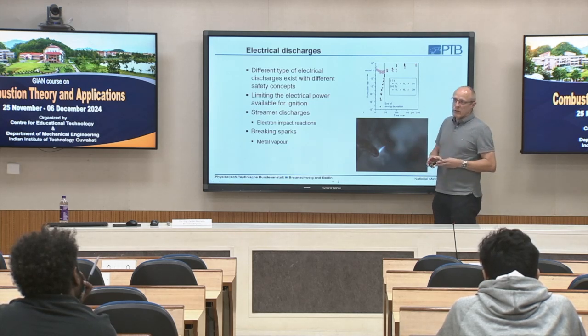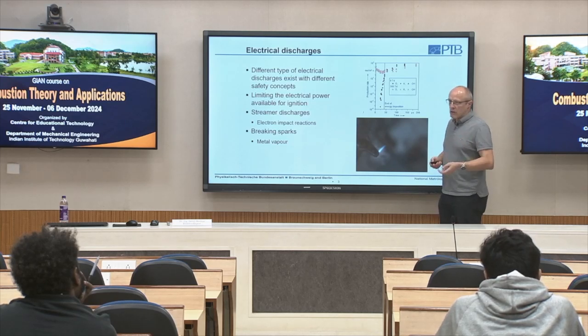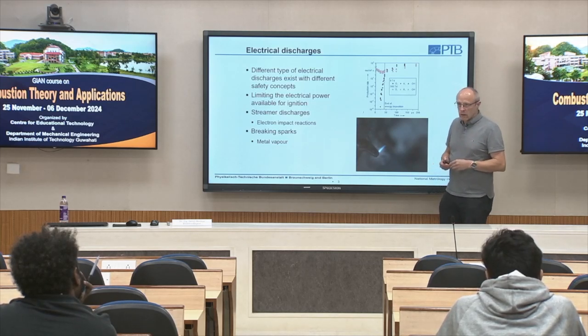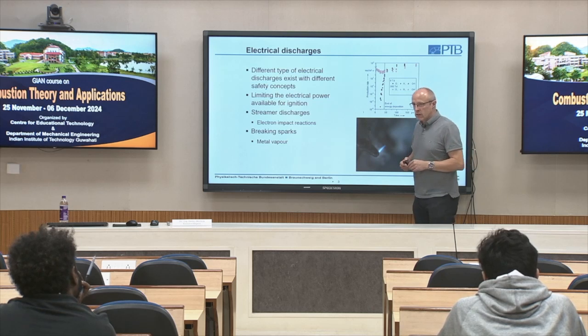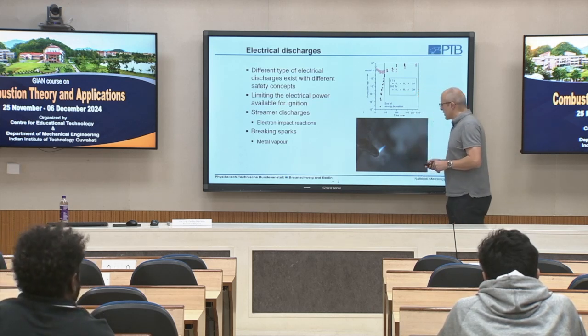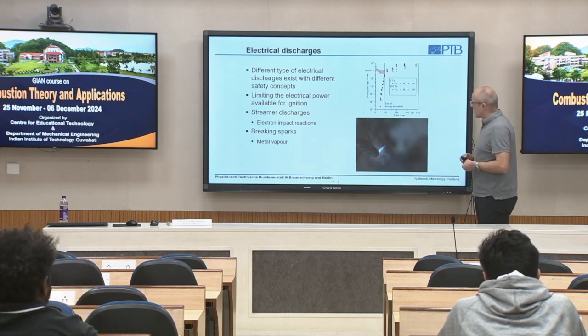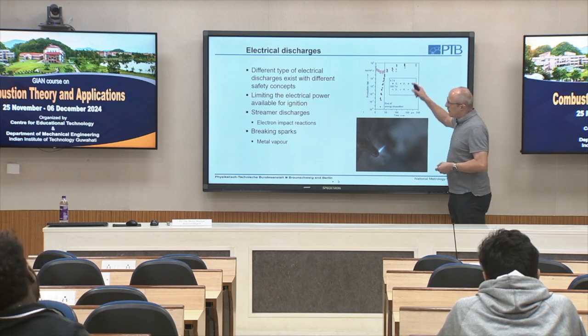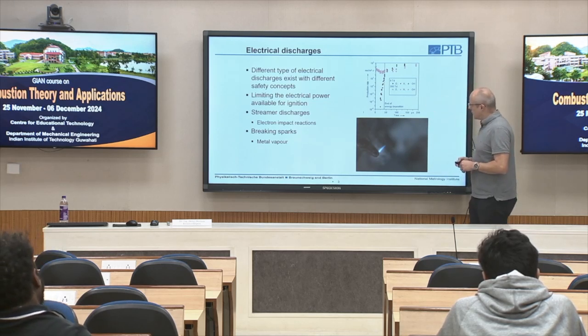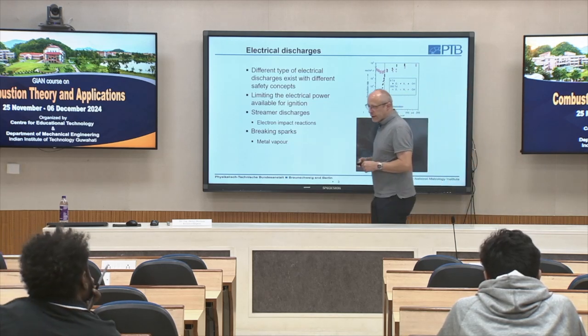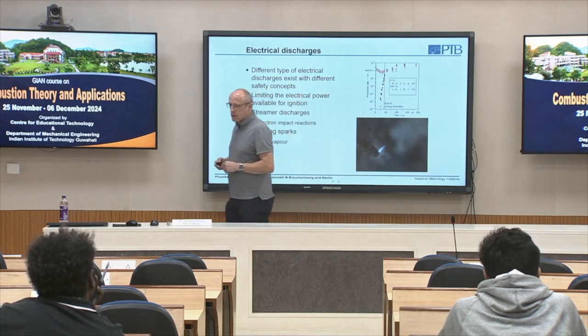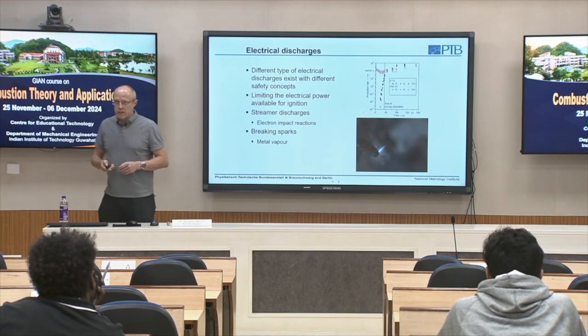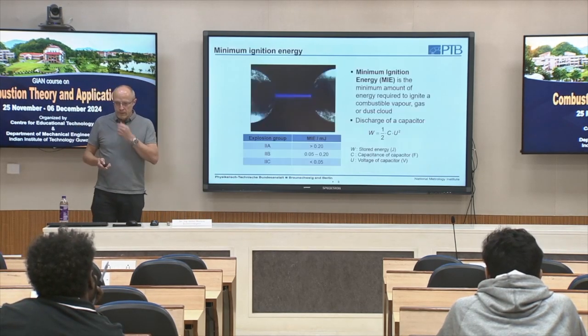And here we can reach ignition with a voltage around 21 volts. So at very low voltages, we also can achieve ignition of combustible air mixtures. So these are totally different ignition processes, but we always talk about ignition by electrical discharges.